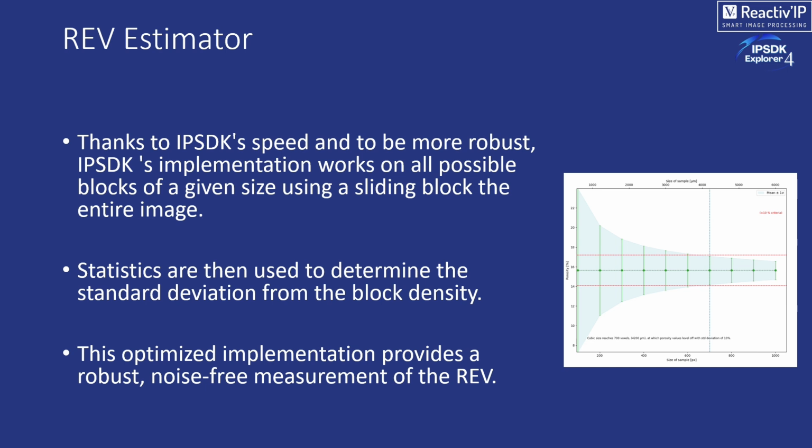And that's what you can see on the right part of this image. You will see that it is very robust, very noise-free, and very easy to read. You can directly say, okay, the crossing point between the graph and the tolerance line will provide you the optimal dataset size.